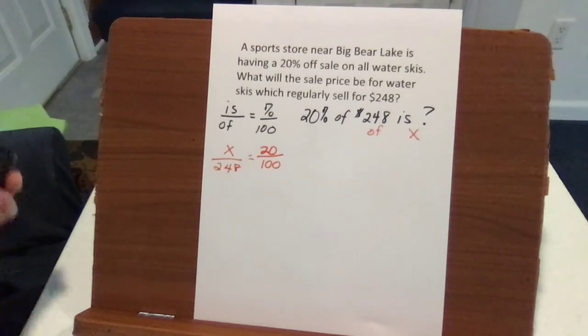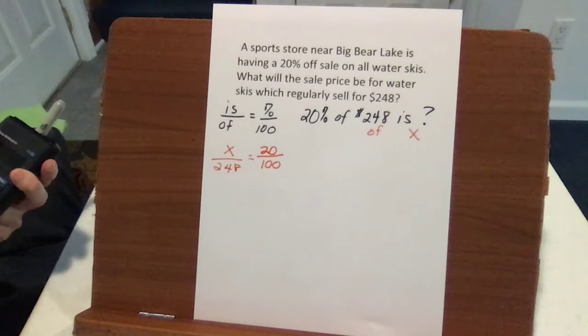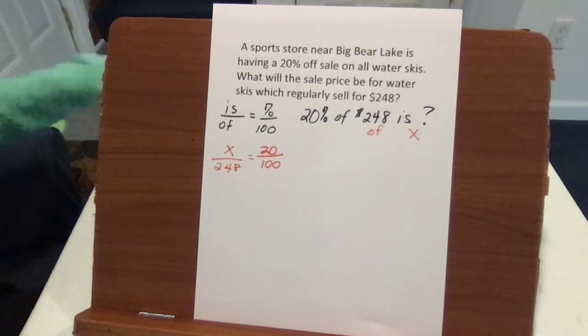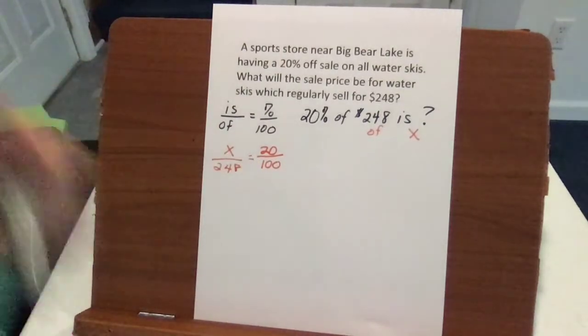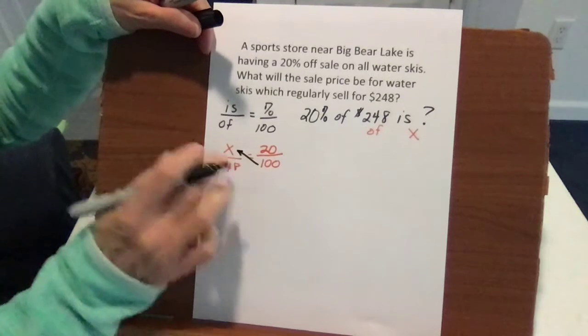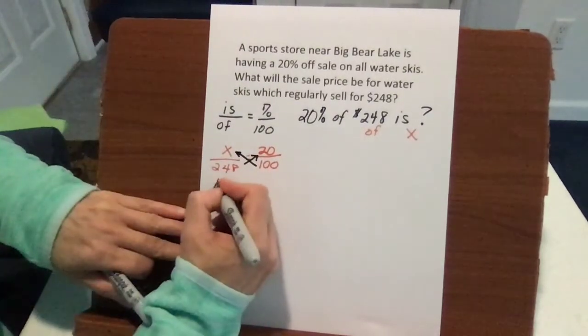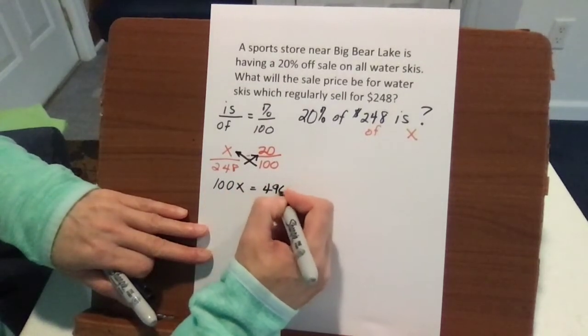So we cross multiply, and we're going to get 248 times 20, and we're going to get 4,960. And we're going to cross multiply and get 100 times x. Cross multiplying only happens when you have a fraction equals a fraction. And so we have 100x equals 4,960.